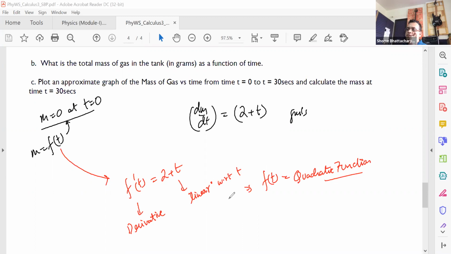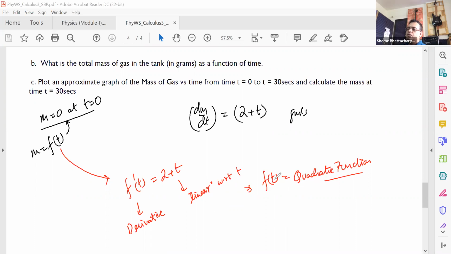Because we know that when we differentiate any power series or any polynomial, the derivative has a degree 1 less than the polynomial itself. So if the degree of the polynomial function was n, then the derivative should have a degree of n minus 1. So n minus 1 is 1 because it's a linear function. So n must be 2.